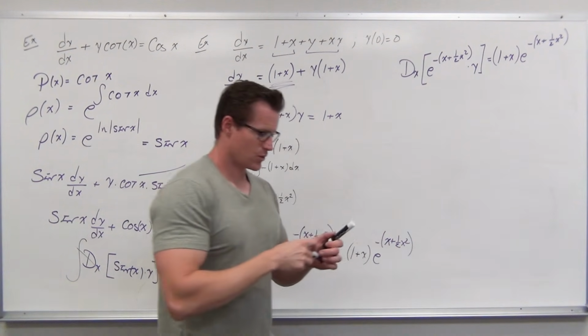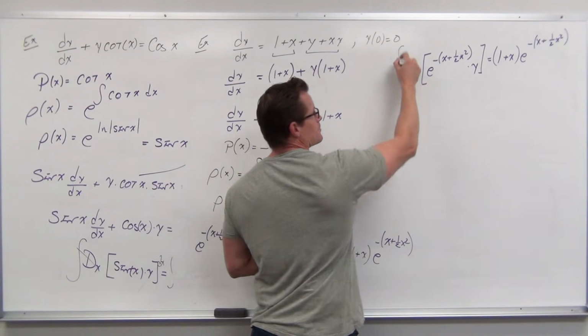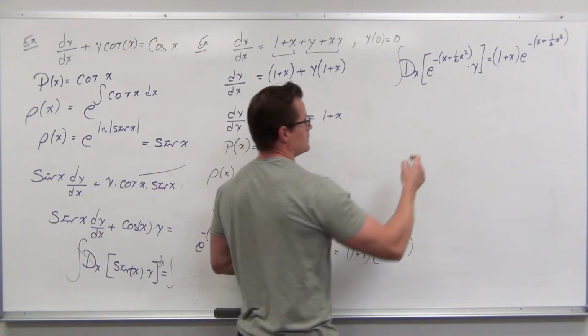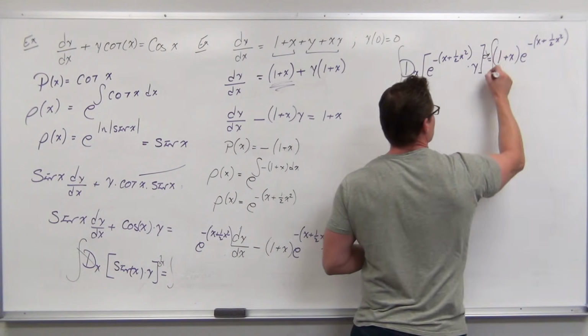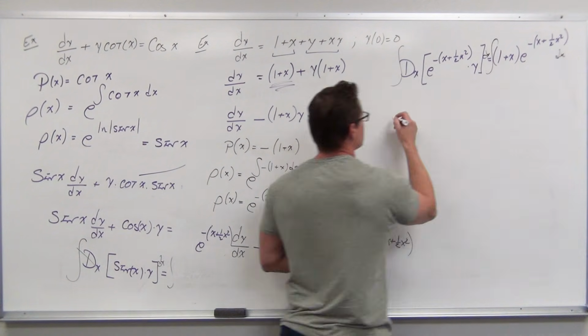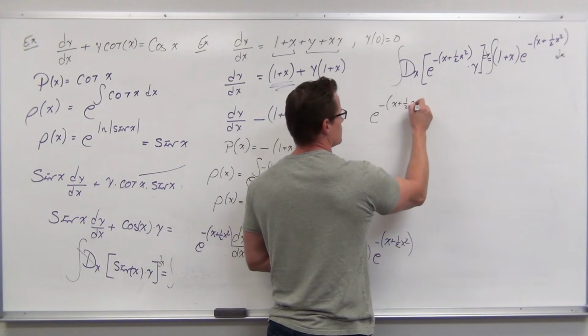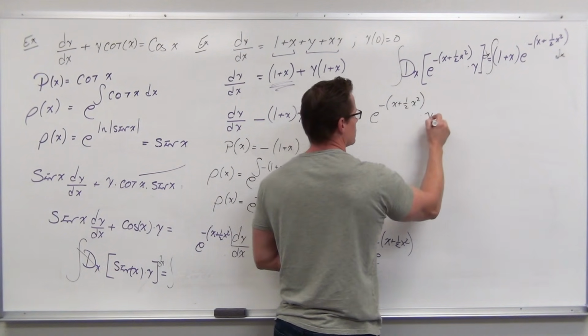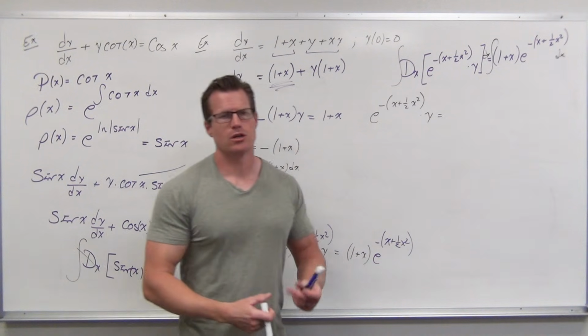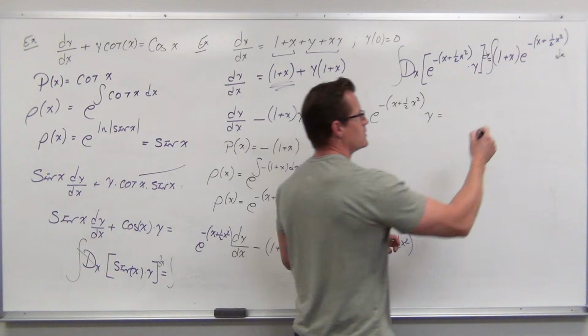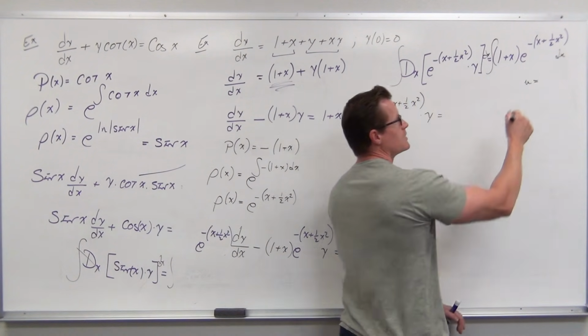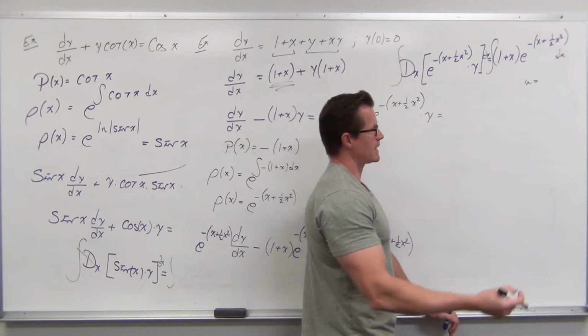Then when we take an integral, the left-hand side's basically done for us, no big deal. On the right-hand side, you're going to need a u sub. So when we do a u sub, let's just let u equal the inside, the nasty part.